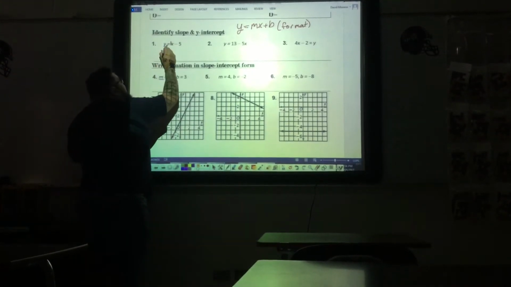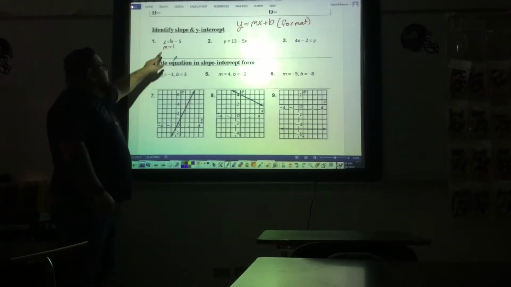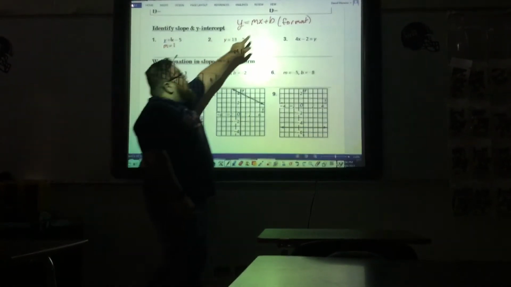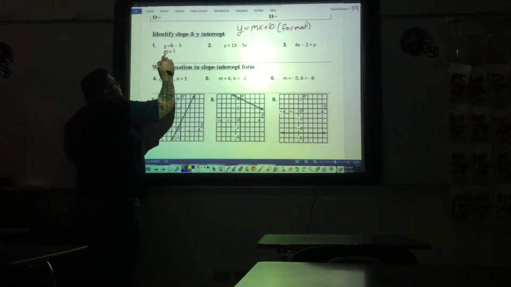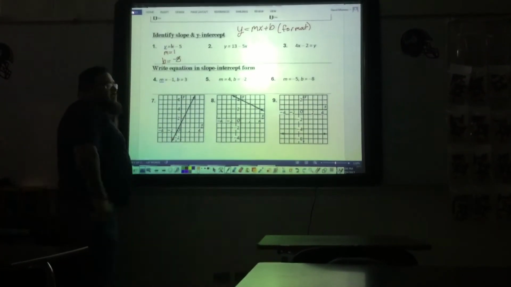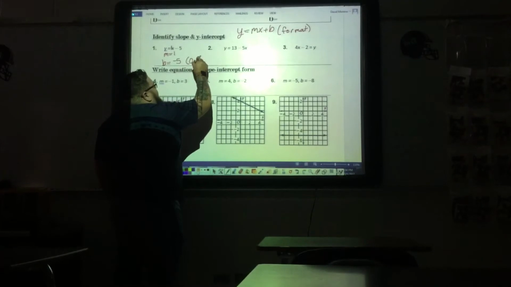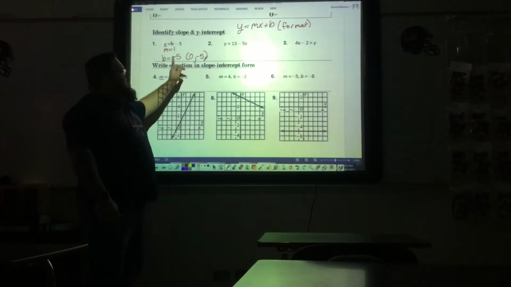So that tells me my slope is 1, or m is equal to 1. Now, notice I have a minus 5, and the formula says plus b. So that means b is equal to -5. In other words, the y-intercept is 0, -5. So that's another way to do this.